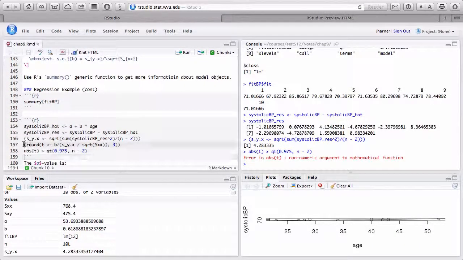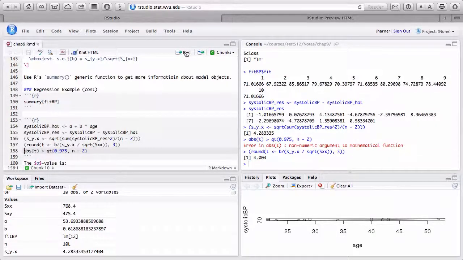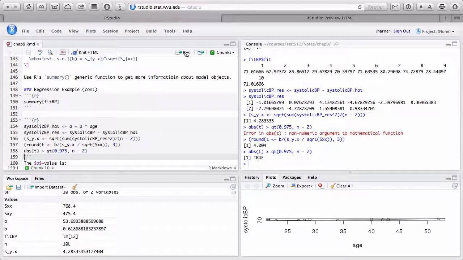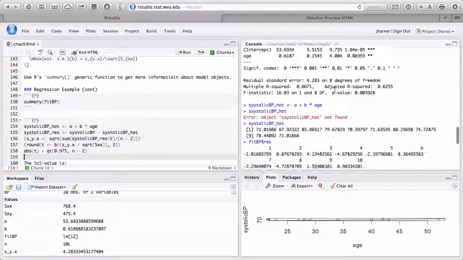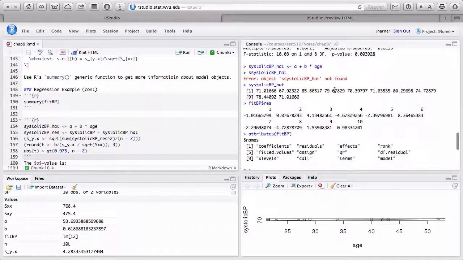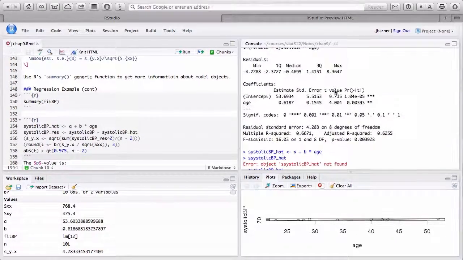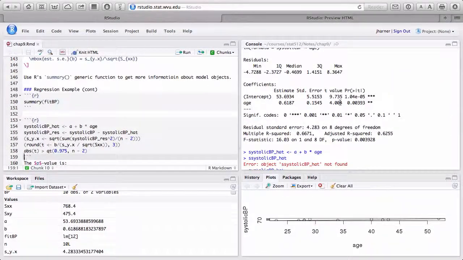Oh, okay, I didn't execute that. I'm sorry. Okay, so I'm going to compute t, and then I'm going to compute this. Okay. Sorry. So that's 4.004. I'm trying to replicate a lot of the material up here. Then where is that? Where is it? Okay. Here's the t-value, 4.004.